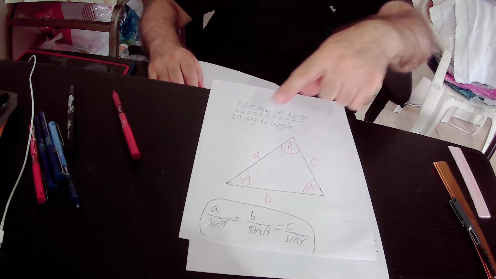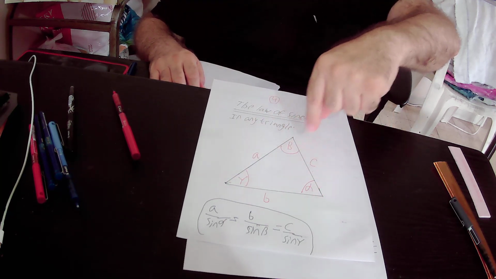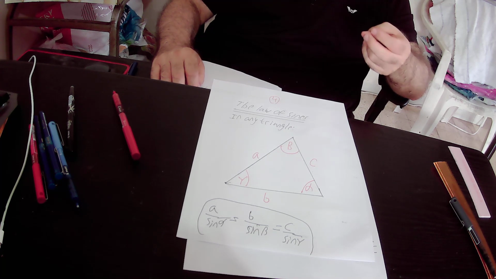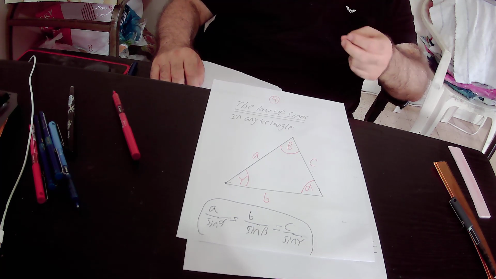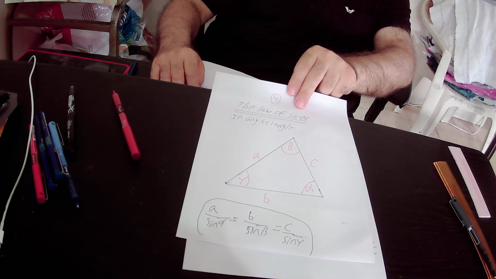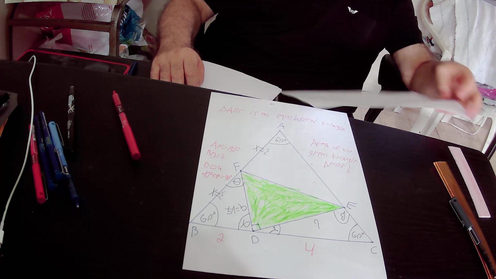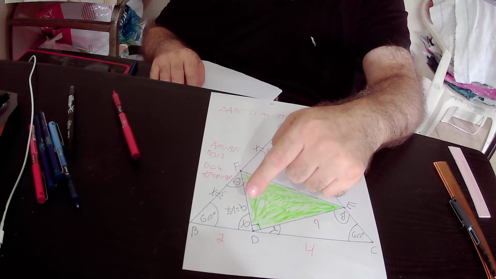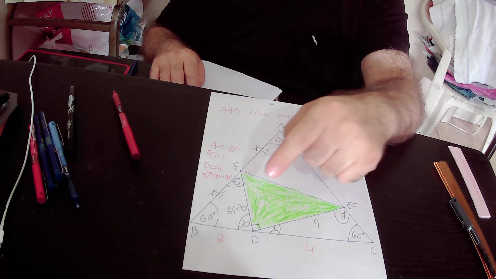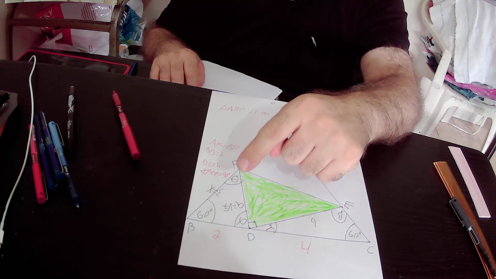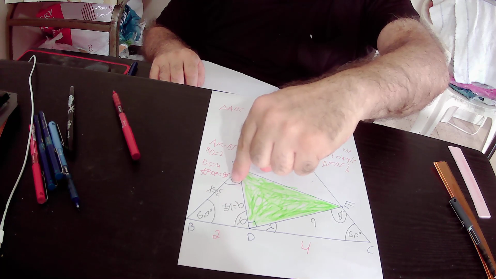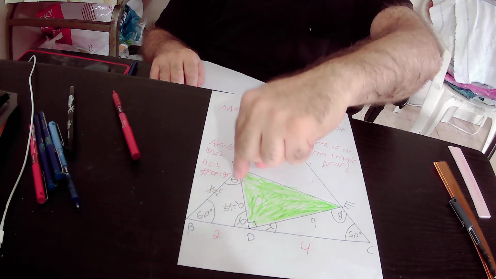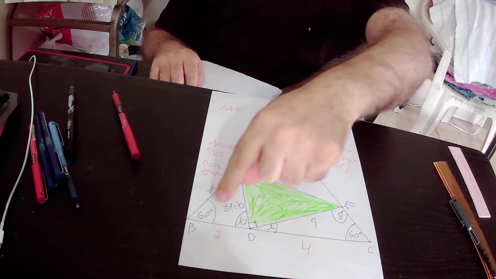So in any triangle, A over sine alpha equals B over sine beta equals C over sine gamma. So we apply the law of sines in triangle FBD.